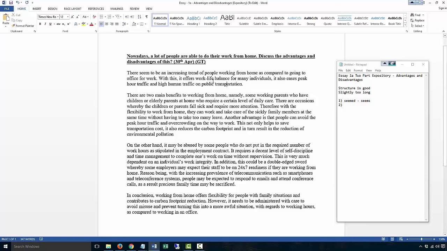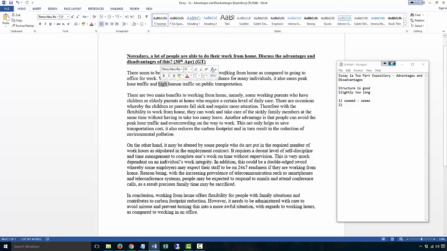Okay, so with this, it offers work-life balance for many individuals. You see, there's a problem with your punctuation already. Okay, because you can't just have a comma. It offers, comma. This is one clause, and then this is another clause. So you have to put an "and". It also eases peak hour traffic and high human traffic.